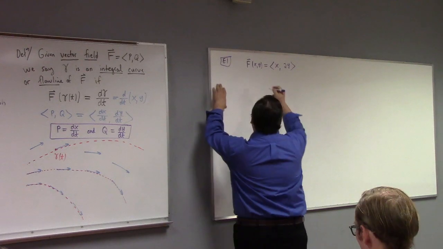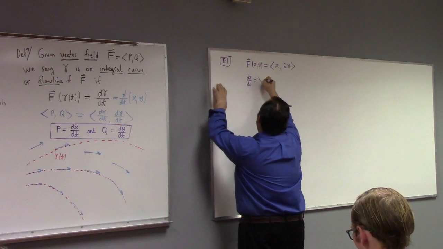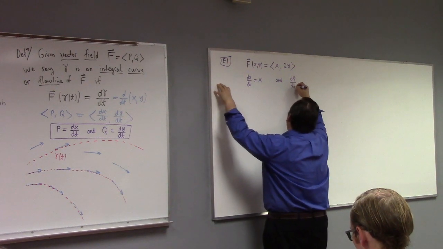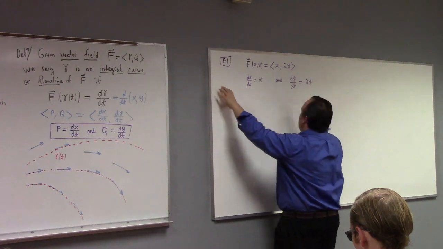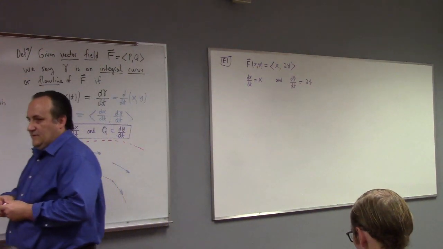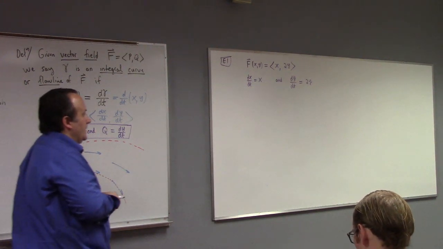We need to solve dx dt equals x and dy dt equals 2y. So we need to solve both of these at once. The good news is that this system of differential equations is really pretty simple. It's uncoupled. The x equation has to do with x. The y equation has to do with y.